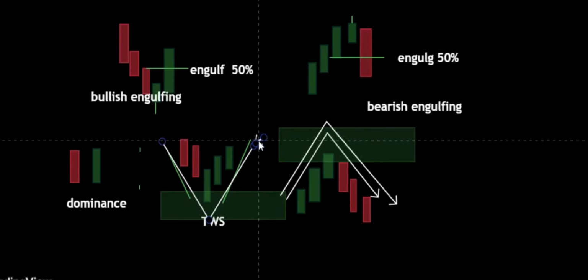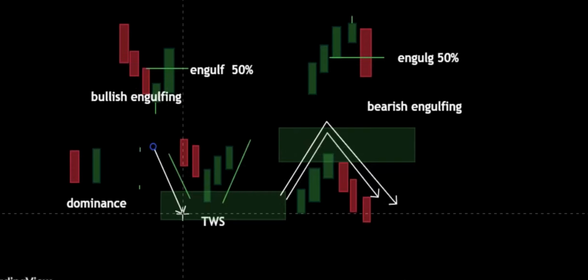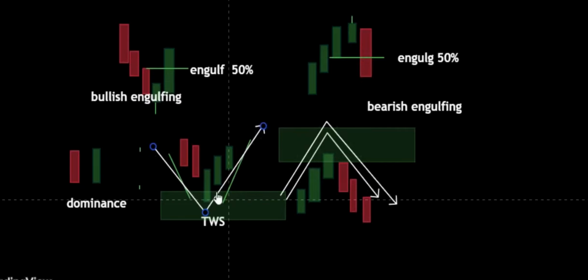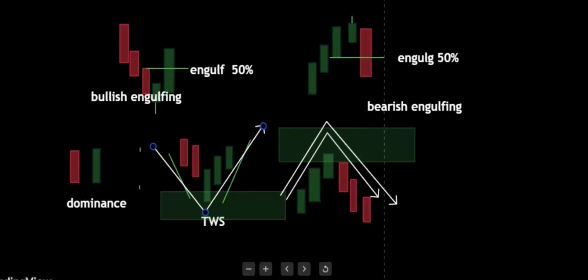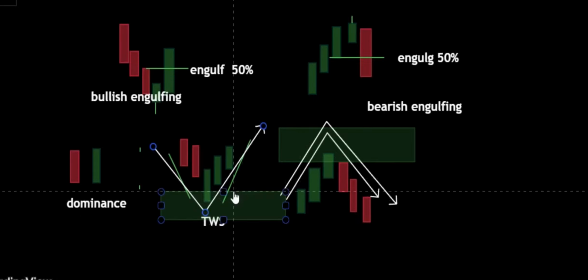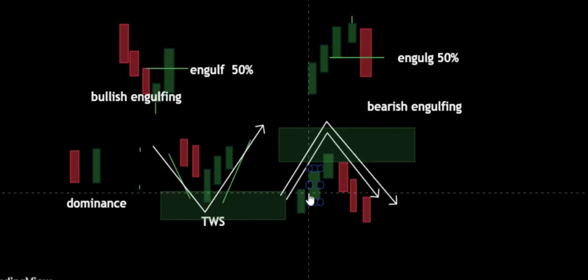It is also called three white soldiers. It means when the market is coming down and there is maybe a support, it starts going up with the formation of these three white soldiers. It is very powerful. It may be of FVG in the market like this.